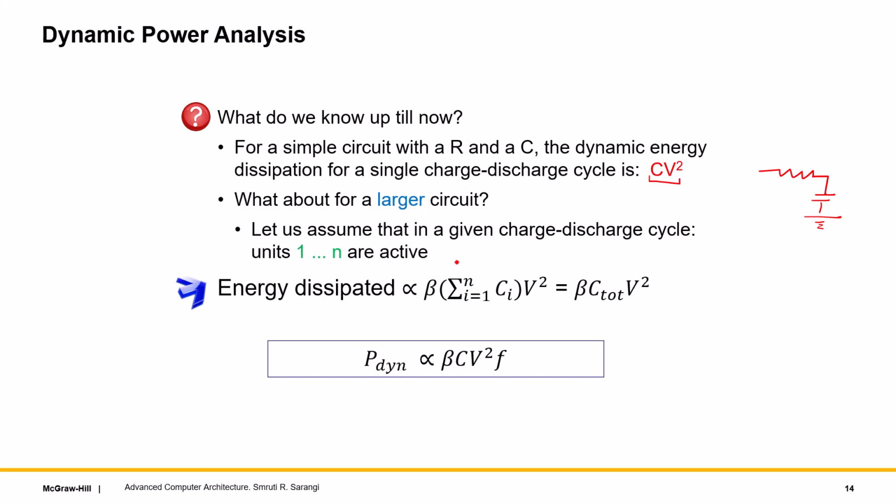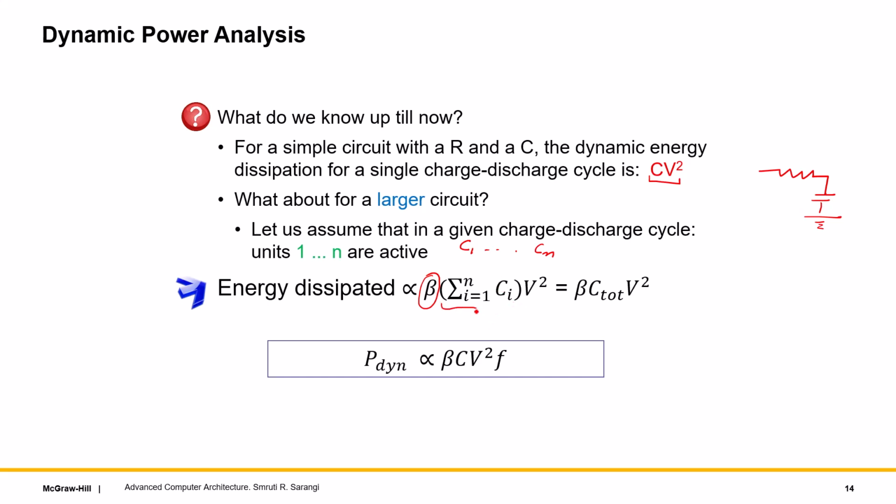So we can then say that the energy dissipated, the factor of beta is still there. Of course, here the simplistic assumption that we are making is that throughout the circuit, the activity factor is the same. Furthermore, we are also assuming that if there are n units, each one's individual capacitance is C1 to Cn, and their energies are getting added.